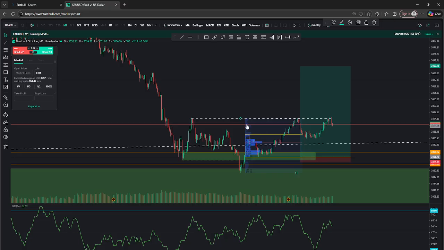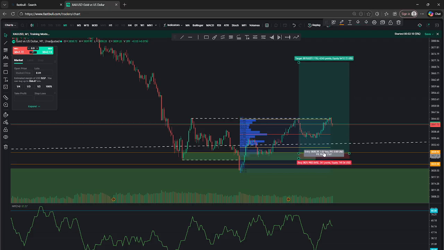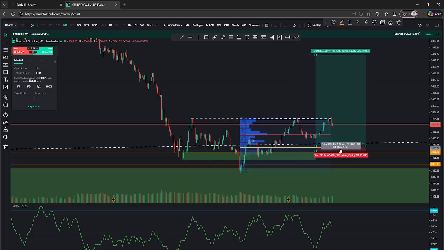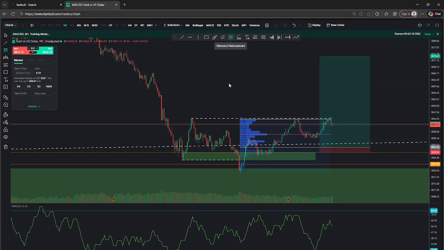So let's define our level. So here's the defined level. We have to make sure that the value area low is not above the 50% level.